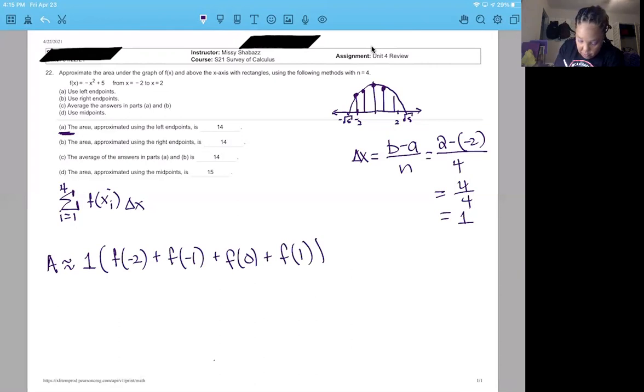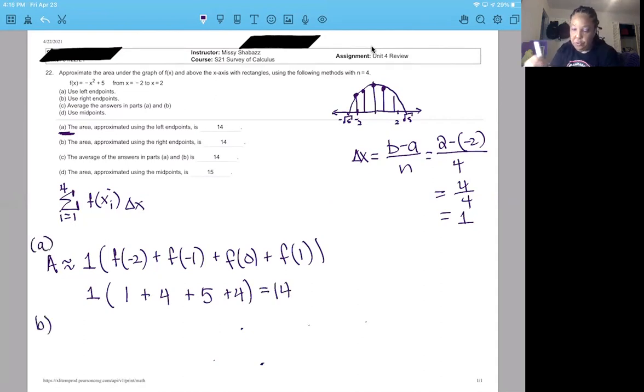If I plug in f of -2, I get -4 plus 5, so I get a 1, plus f of -1, which gives me 4, plus f of 0, which gives me 5, plus f of 1, which gives me also 4. So I have a 9 plus 5, which is 14. So that's part A.